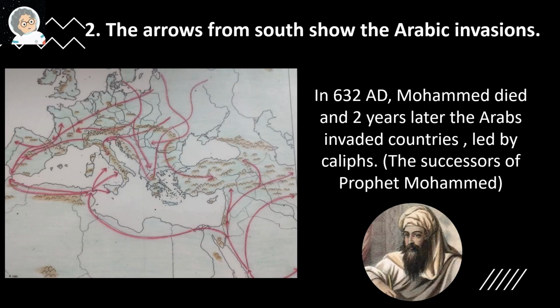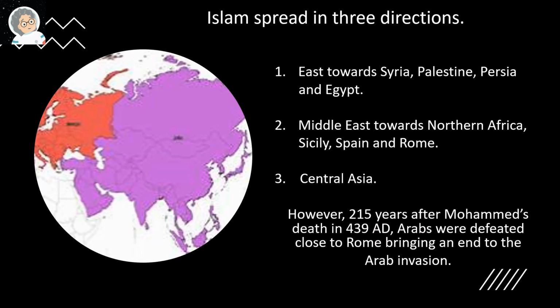The second arrow from the south shows Arabic invasions. In 632 AD, Muhammad died, and 2 years later, the Arabs invaded countries led by the caliphs. Those are the successors of Prophet Muhammad. Islam spread in three directions.